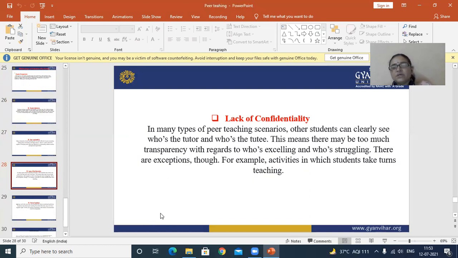This means there may be too much transparency with regard to who's excelling, who's struggling. There are exceptions, for example, activities in which students take turns teaching.